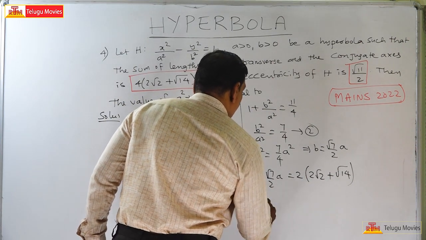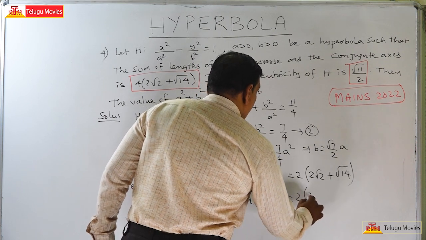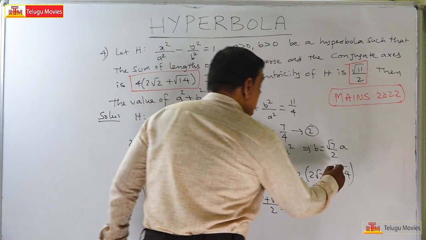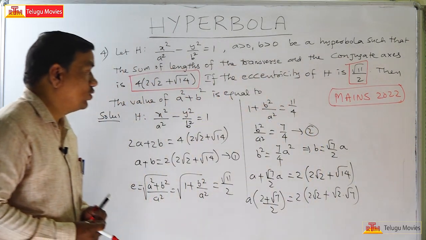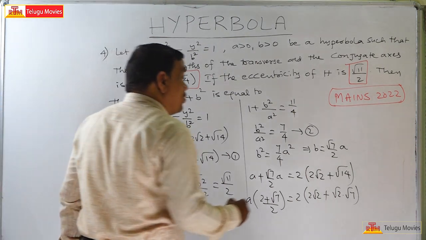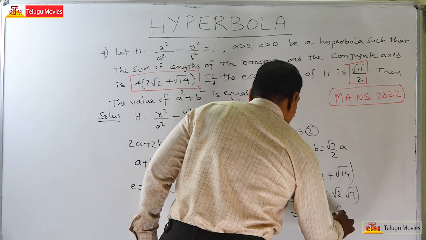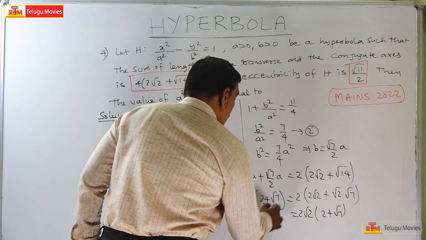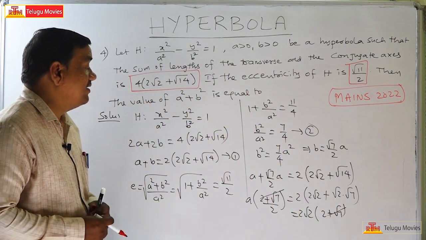So a times 2 plus root 7 by 2 is equal to 2 into 2 root 2 plus root 14. This root 14 can be written as root 2 into root 7. In the right hand side, you can take root 2 common outside. So this is 2 root 2 times 2 plus root 7. Then 2 plus root 7 and 2 plus root 7 can be cancelled.